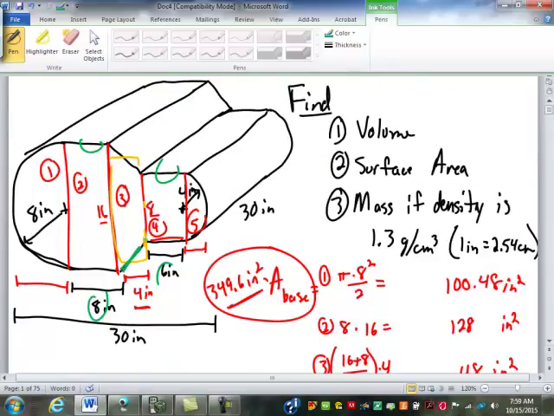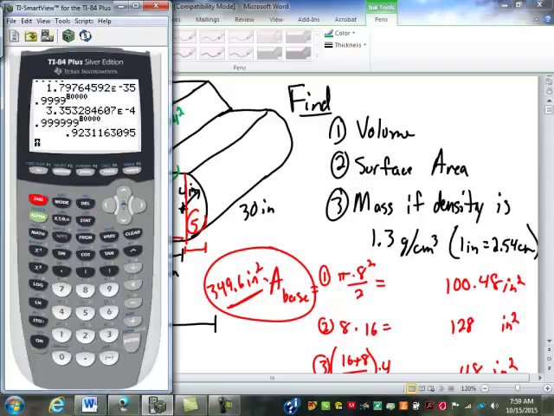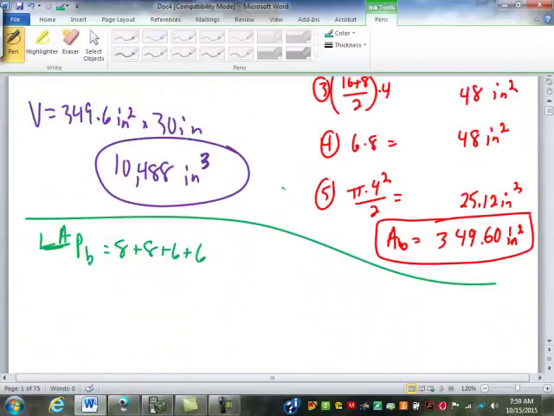Then I have this slope piece here, which is actually 4 by 4, right? Which would make the length of it the square root of 4 squared plus 4 squared, right? Sound look familiar?